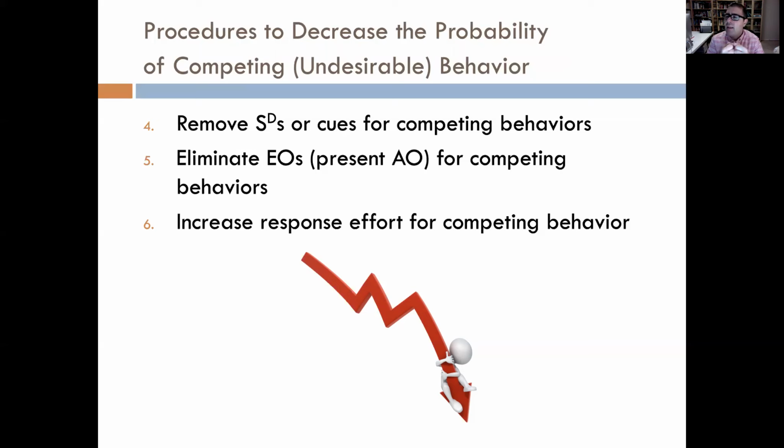You're eliminating the motivation to engage in the problem behavior, and you're increasing the effort, because if you make the behavior more effortful, it's less likely to occur. So you're making the response more effortful, right? The problem behavior becomes more effortful, and if the problem behavior takes a lot of effort, then the person is less likely to engage in it.